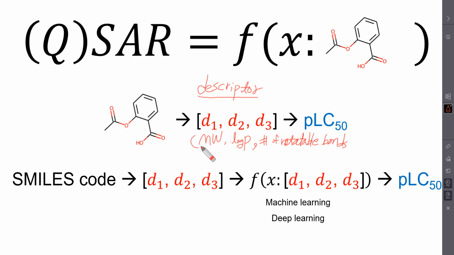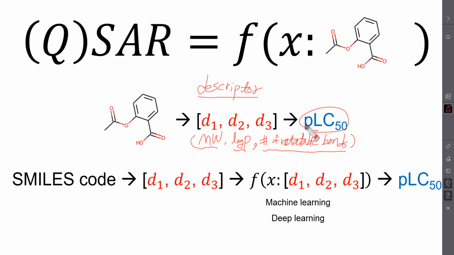If you use software to calculate descriptors, you can calculate more than 2,000 or 3,000. Then we select the important descriptors to develop the model, and using these values, we use a mathematical model to calculate the target value.